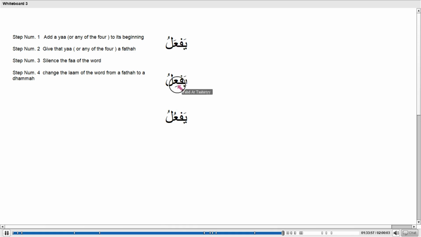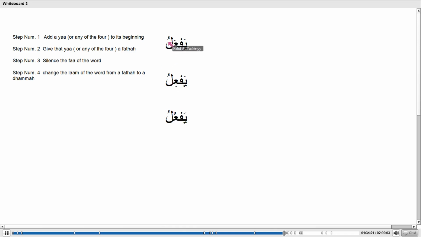If we had this ayn silenced all the time, there wouldn't be a difference between the three forms. We would not be able to distinguish between them. That's why the sukoon wasn't given to the ayn.